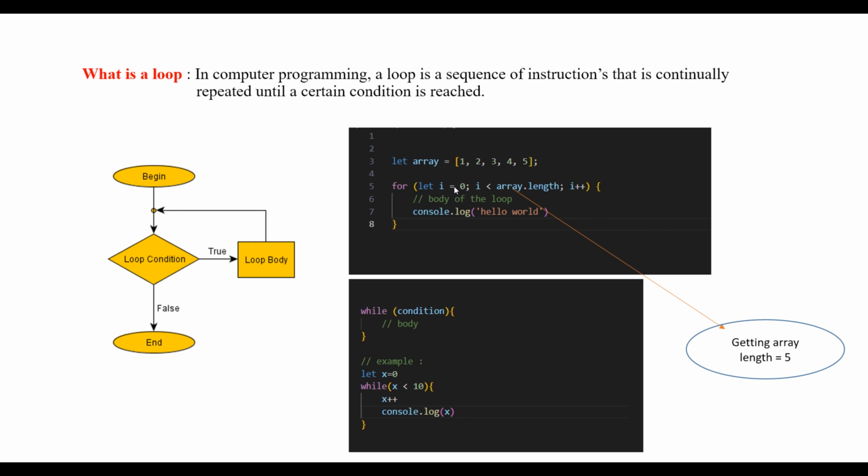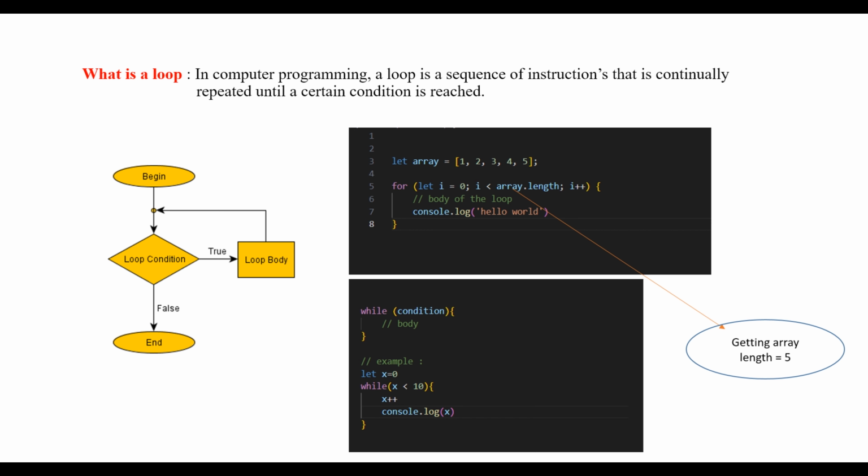It has a variable which is declared, followed by a semicolon, followed by the condition. The first thing the loop does is check if the value is true. If the value is true, the loop immediately gets into the body and starts executing instructions. But if the condition is false, the loop is going to stop executing.